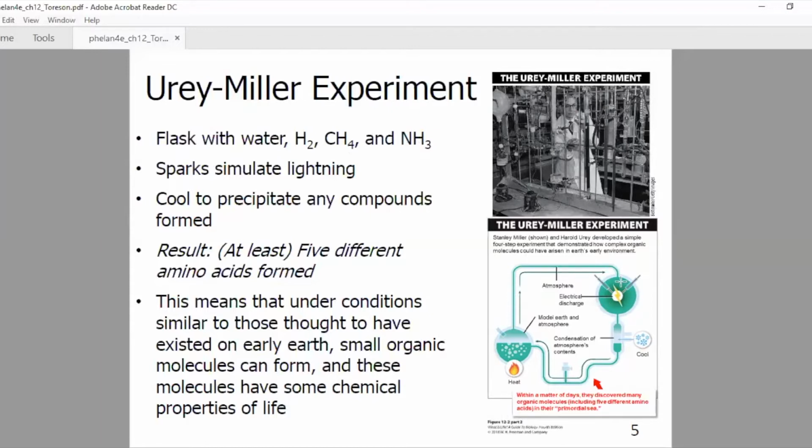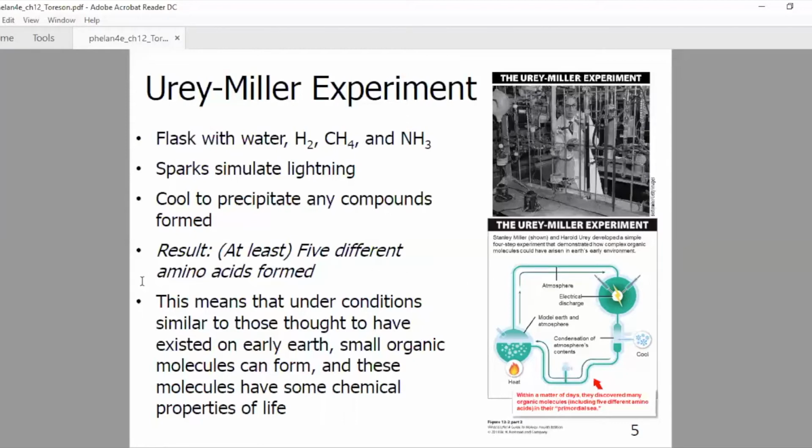This second area on the right-hand side of figure 12.2 represents early Earth's atmosphere. So this chamber right here has those gases, hydrogen, methane, and ammonia. And they introduced electricity. And that electricity simulated lightning. This experiment shows that by introducing a little bit of electricity to these various gases, the formation of amino acids is possible.